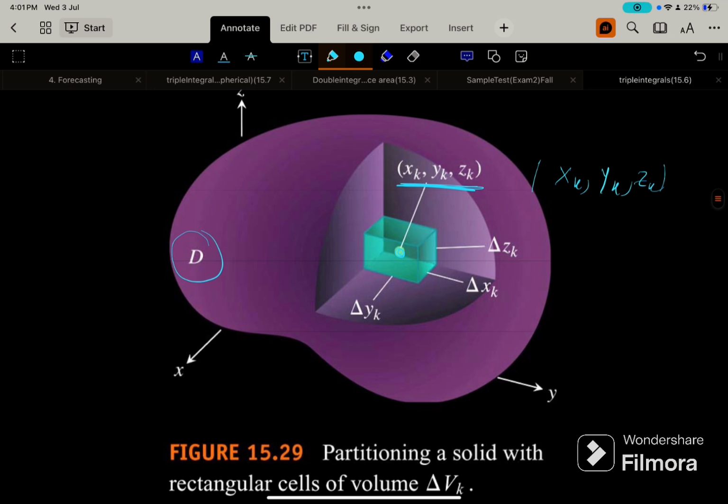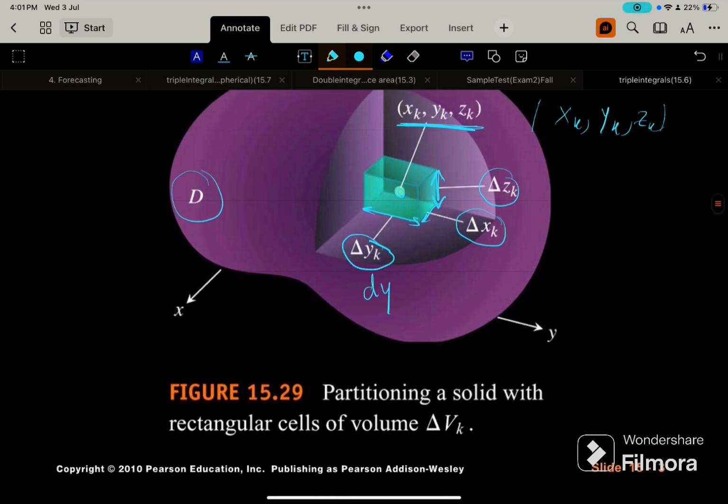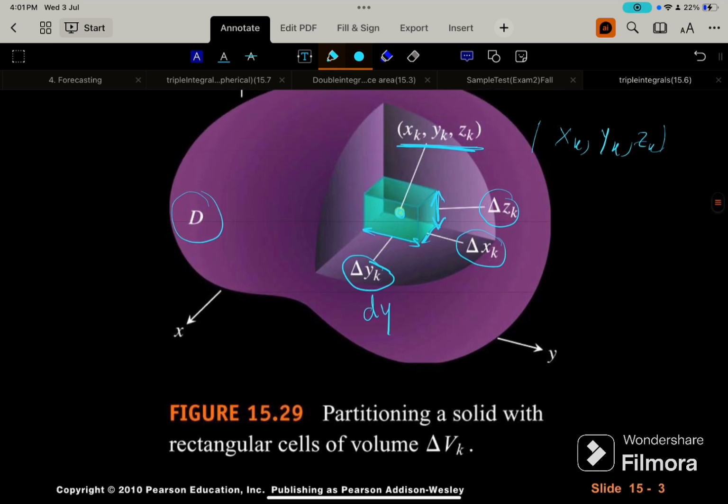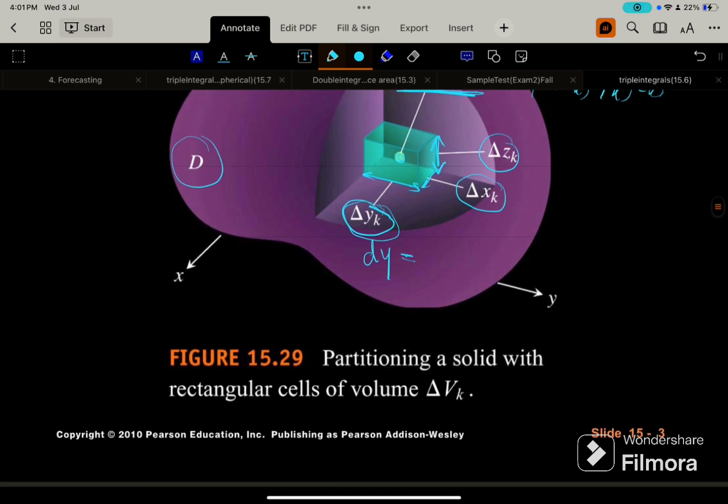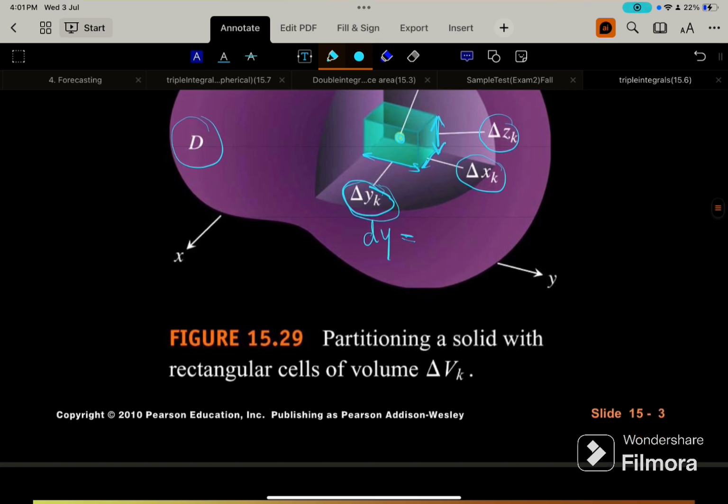And we also have delta yk, the change in y, delta xk, the change in x, and delta zk, the change in z. These basically become the differentials if you take n to infinity, or make these go to 0, and you get the differential dy. And so this is basically the way we partition a solid with rectangular cells of volume delta vk.